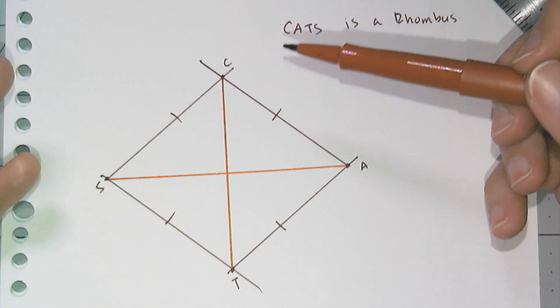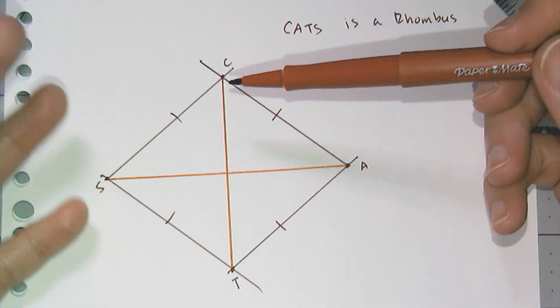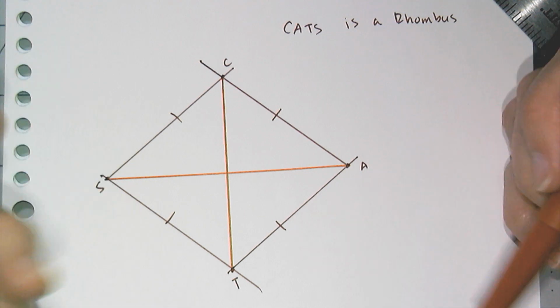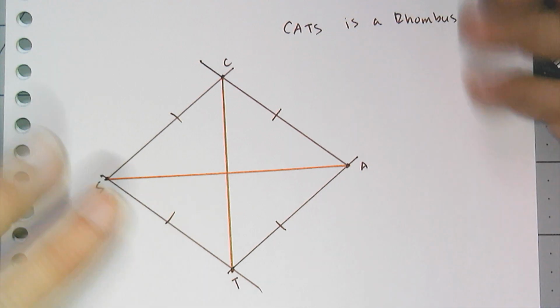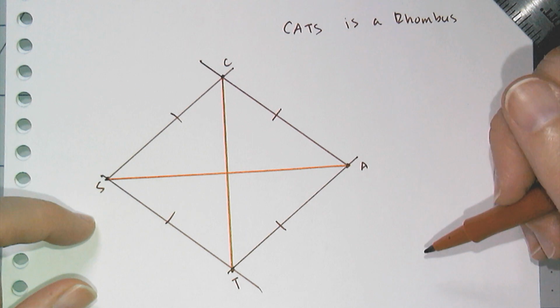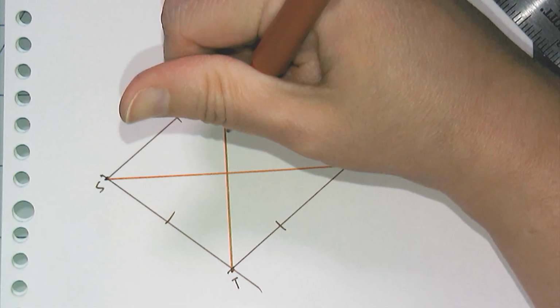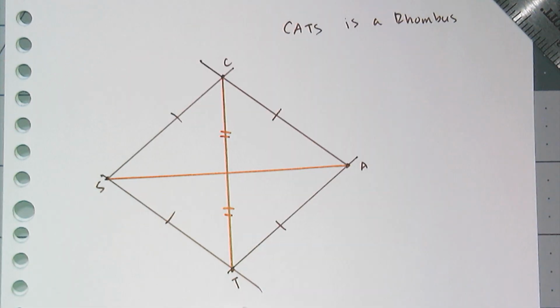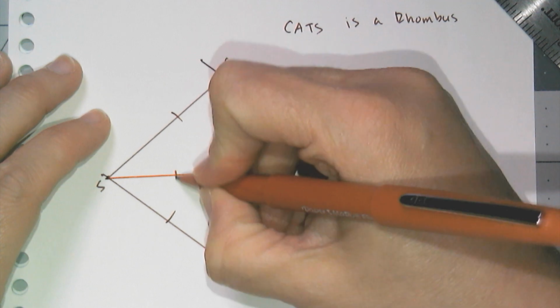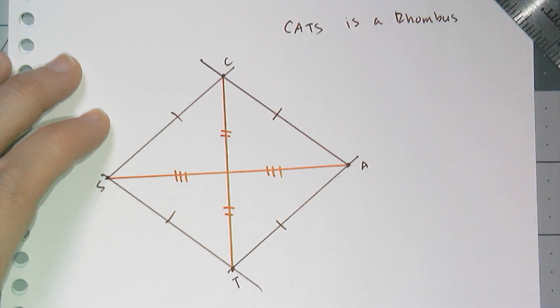Now I can go back and look at parallel sides cut by transversals and alternate interior angles and blah, blah, blah. Or I can remember, oh yeah, this is a parallelogram, and I know that the diagonals of parallelograms bisect each other. So I know that those two lengths are equal, and these two lengths are equal.